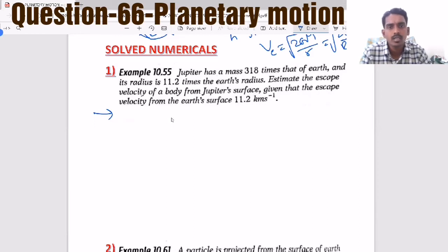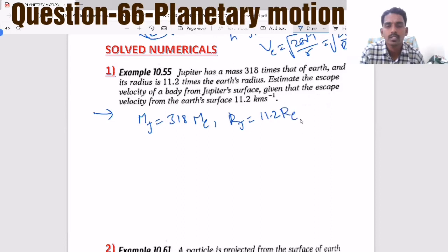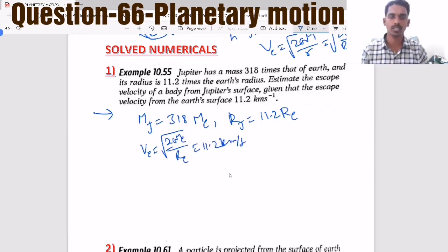The very first one: Jupiter has a mass 318 times that of Earth and its radius is 11.2 times the Earth's radius. Estimate the escape velocity of a body from Jupiter's surface, given that the escape velocity from the surface of Earth, that is root 2GM_e by R_e, is 11.2 kilometer per second.